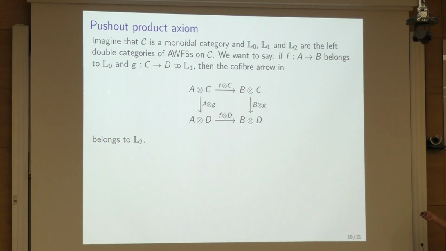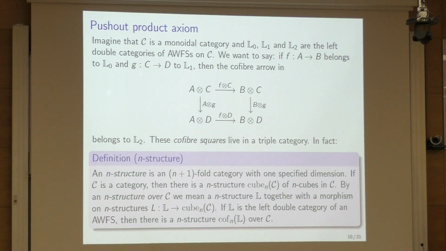And I imagine that these squares live in a suitable triple category. Indeed, to have an elegant formalism for this, I just have this ad hoc notion of an n-structure.